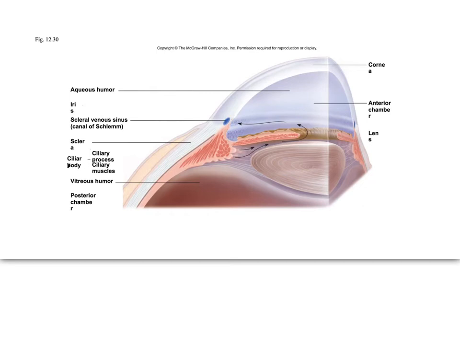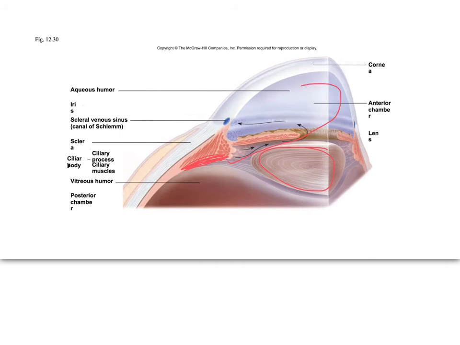Okay, so here's an image showing how that whole process works. Here's the lens. Here's the ciliary body. That's where the aqueous humor is going to be produced, and it's showing that that fluid is being produced, and it starts to fill this entire cavity.